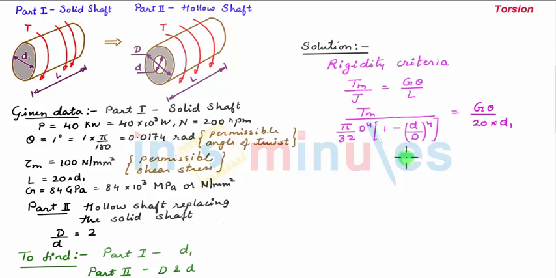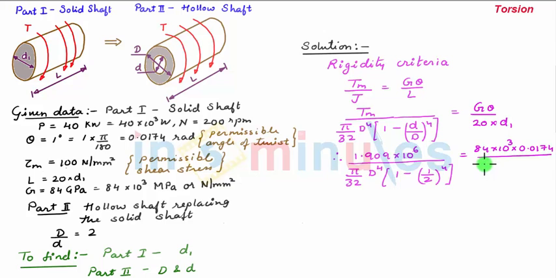So again in this equation the only unknown here is your capital D. So upon substituting the values we have 1.909 into 10 to the power 6, this whole upon pi by 32 into capital D to the power 4 into 1 minus 1 by 2 to the power 4, and this is equal to G, which is 84 into 10 to the power 3, and the permissible angle of twist is 0.0174 radian, this whole upon 20 times 64.31.